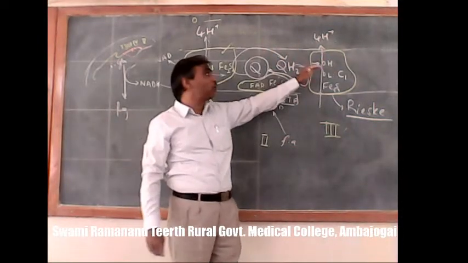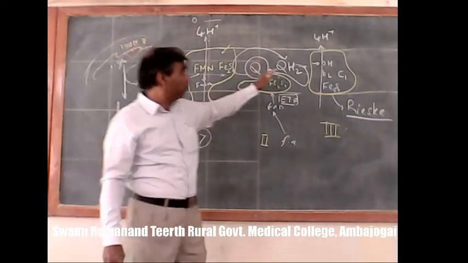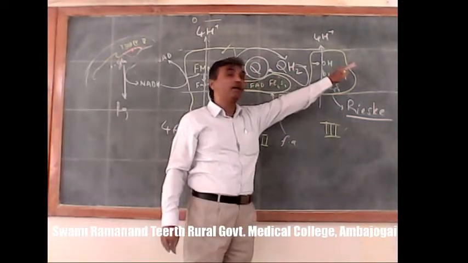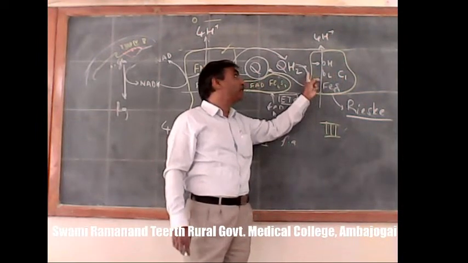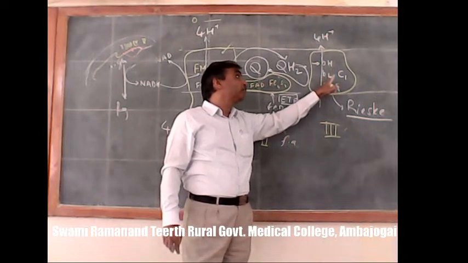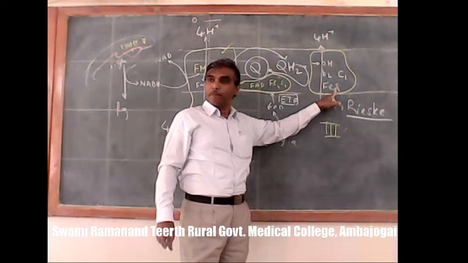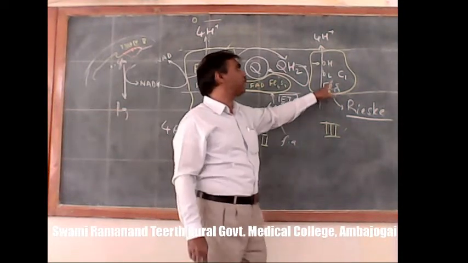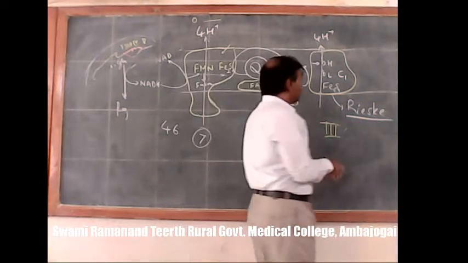Here the electrons are transferred from QH2 to finally the acceptor. We will see what the acceptor is. It has to travel from QH2 to BH, BL, C1 and the iron sulfur center, and finally to the acceptor. That acceptor is cytochrome C.